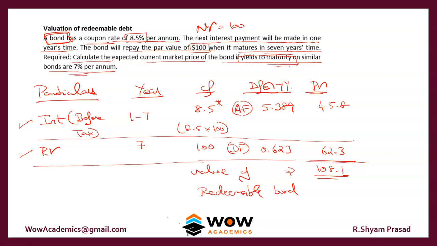For the discount factor, you have to take the yield to maturity which will be given in the problem. So take that as the discount factor. For 1 to 7 years at 7%, we look at the annuity table, and the number comes to 5.389.